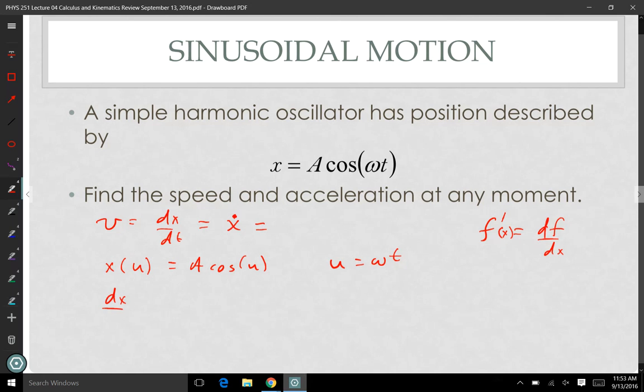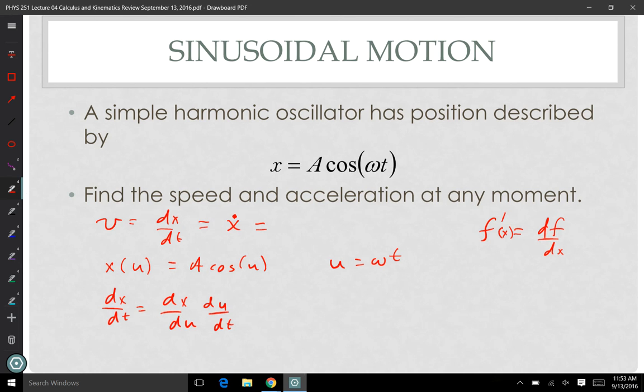And so dx/dt is equal to dx/du times du/dt. Right, that's the chain rule. You had a homework problem that had you using it. So here, dx/du is going to be minus A sine of u, and then multiply that by du/dt. Well, u is omega t, so the derivative of that is just omega.